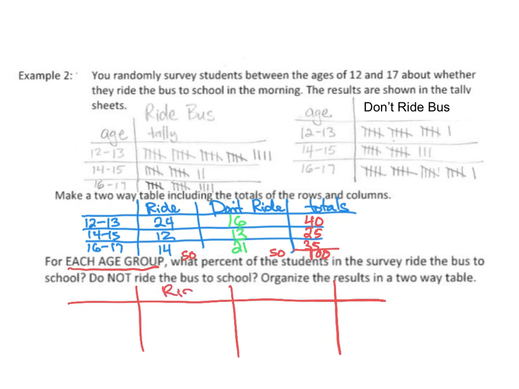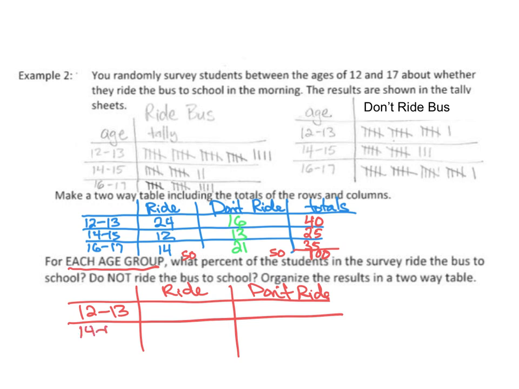We're going to have ride, don't ride, and we're also going to have 12 to 13, 14 to 15, and 16 to 17. Okay, so now we want to find that percentage, right?